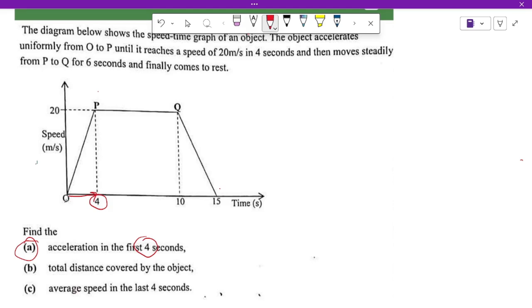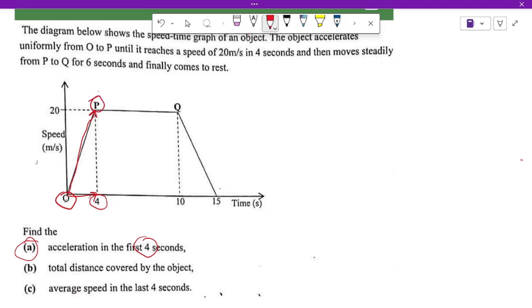So this particle moved from O to P in the first 4 seconds. So this is what you're going to have.